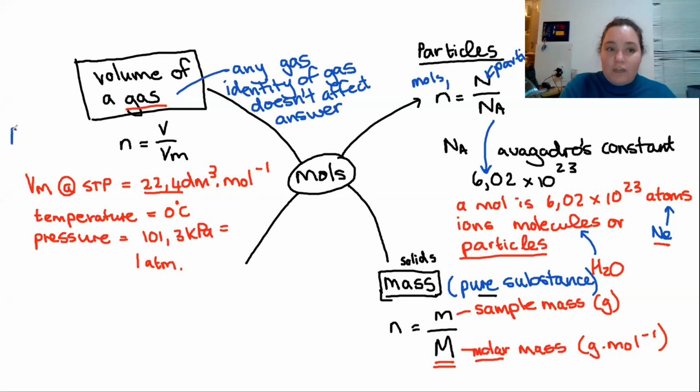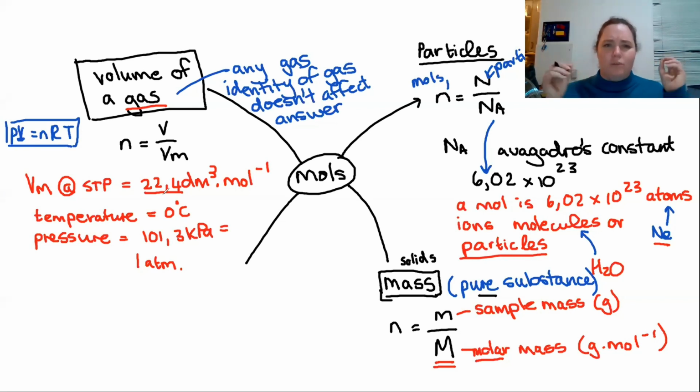You should have covered an equation PV is equal to nRT. But please note, this is not the focus at all in matric, but it is one of the ways that they get the volume. In a matric exam, they are allowed to change it to give you a molar volume under other circumstances. So they may randomly in the question say, the molar volume is 25 decimeters cubed per mole, and then you go, fantastic, it's 25, and you plug in 25 instead of 22.4. So if they give you an alternative value, please use it.